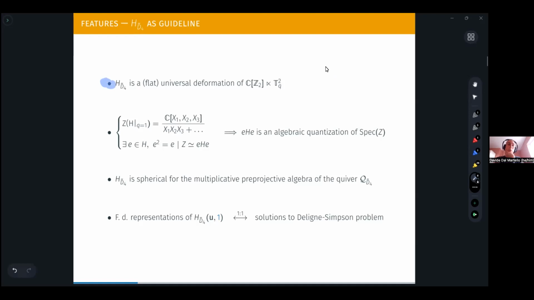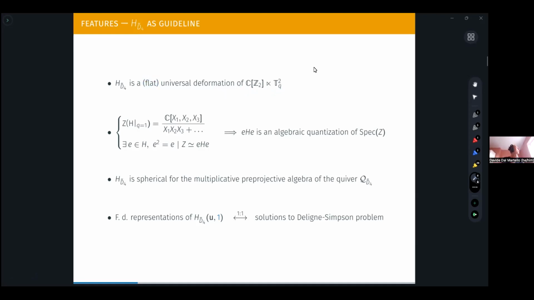Now, first, I want to settle the existential problem for these algebras, in the sense that they actually are meaningful in truly the categorical sense, because, again, I use D4 just as a guidance, but everything is straightforwardly generalized, no matter the diagram. So this is a flat universal deformation. So really, it's universal in the categorical sense, so this is exactly the object you would expect in terms of deforming this algebra here.